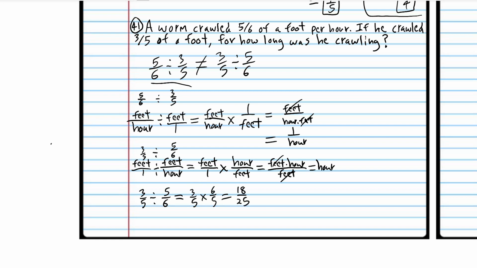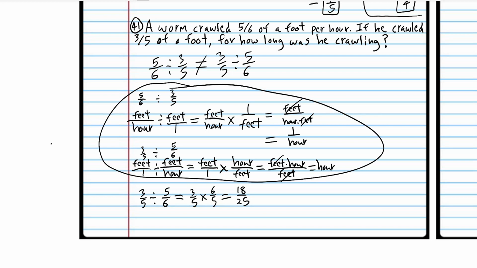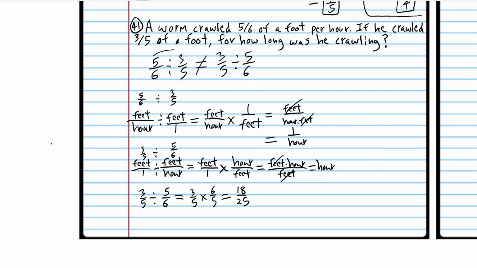So we had to do all that stuff to figure out if we divide 5/6 by 3/5 or if we divide 3/5 by 5/6. It turned out that this was the answer. And how did I know that? Because I used the factor label method. If you use the factor label method, you don't have to think about all the logic or lack of logic, I should say, when it comes to dividing by a fraction or all the complicated meanings behind the algorithms.